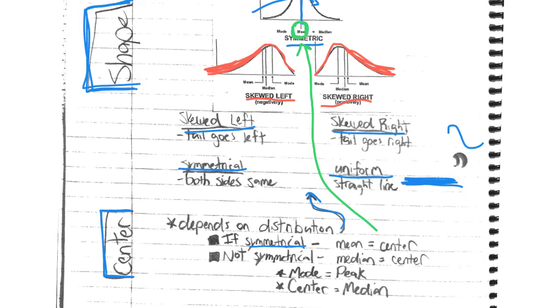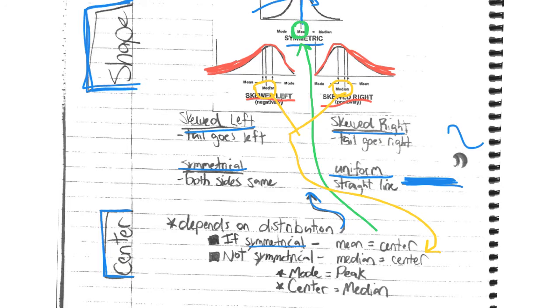If it's not symmetrical, so either of these two, your median is going to be your center. So you'll see in these two, I'll use yellow, my median here, that is my center. So those two are right there. So it just depends on the shape.